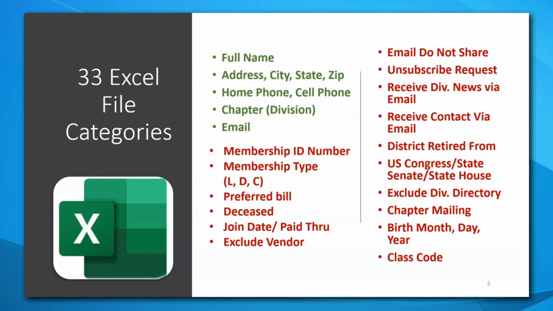Now, the remaining items here in red, some of which have been combined into single bullet, are data components that are not typically included in a division directory, such as billing preference, how members wish to receive CalRTA publications, and their state and U.S. senators and representatives. That is why they're listed here in red.